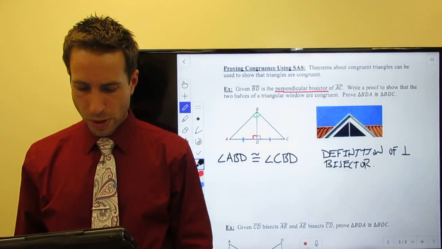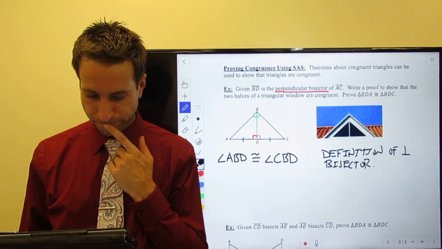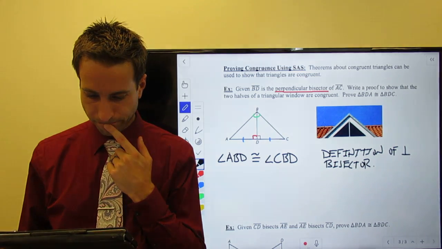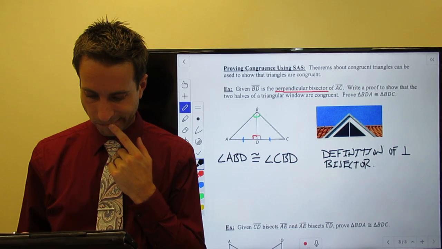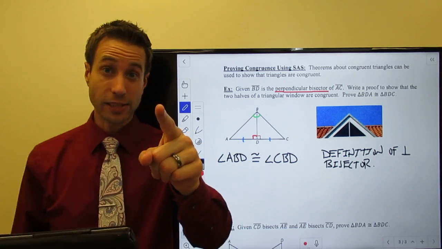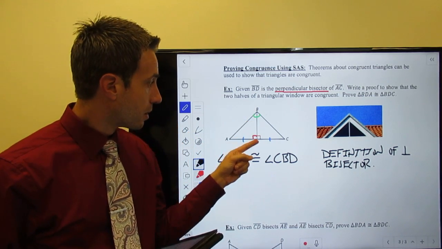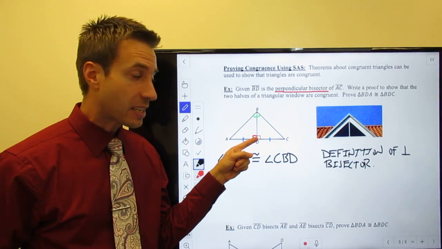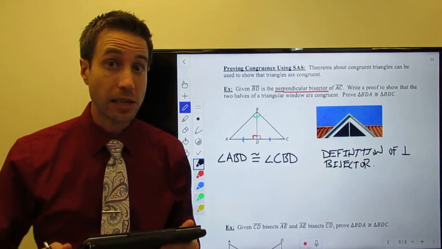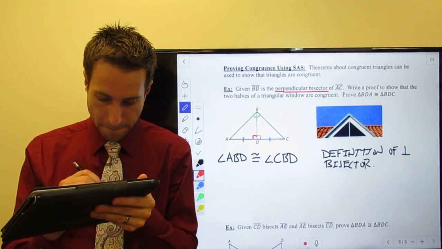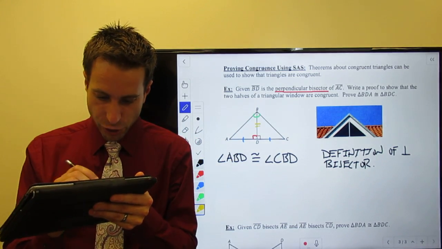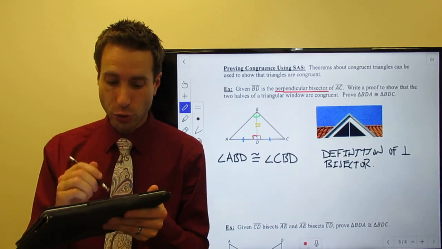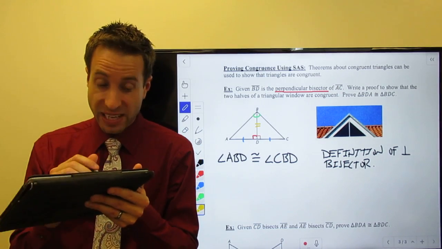Okay, let's see. What else do I know? Oh, look at this. Check this out. Look. Segment BD has to be congruent to segment DB. Do you guys remember? We've seen this before. Do you remember what theorem tells us that?